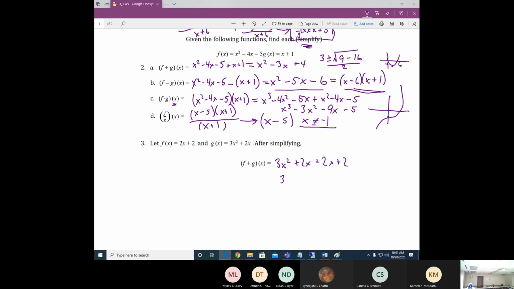So that becomes 3x squared plus 4x plus 2. Doesn't look like I can simplify or factor that. They didn't say I had to factor, so I'm not going to. It doesn't jump out at me as being factorable since I have a 3 there and a 4 there and a 2. So good with that.